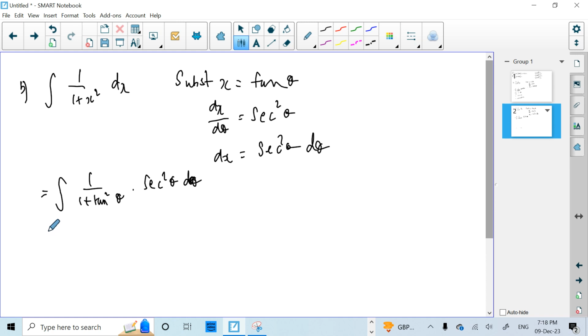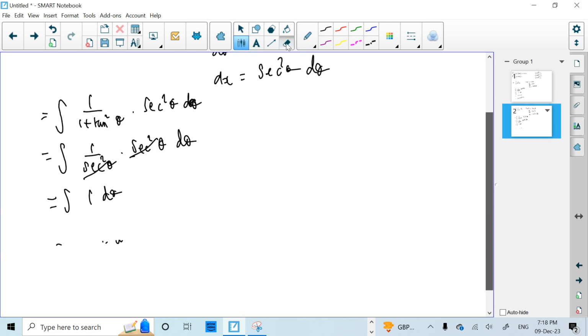And then we know that 1 plus tan squared theta is identical and equal to sec squared theta. So we use that identity, and that's nice, we've got things to cancel out. Like before, sec squared theta cancels with sec squared theta, and therefore I end up with the integral of 1 d theta. We're almost there, as showing a proof.